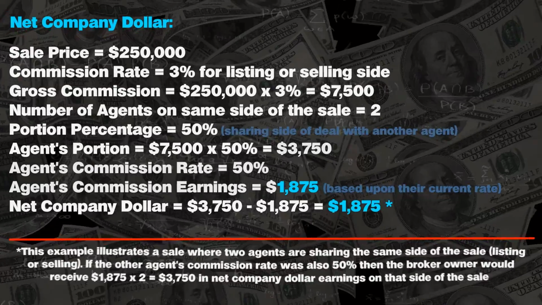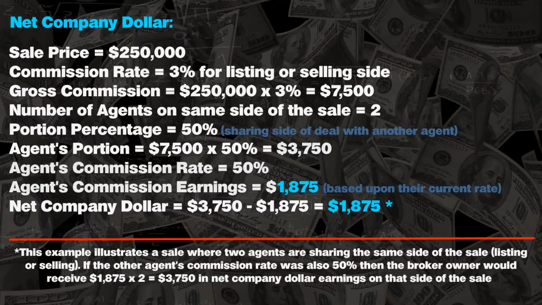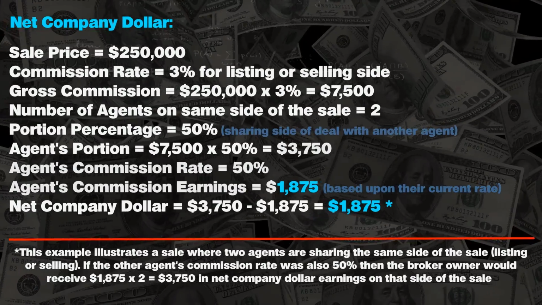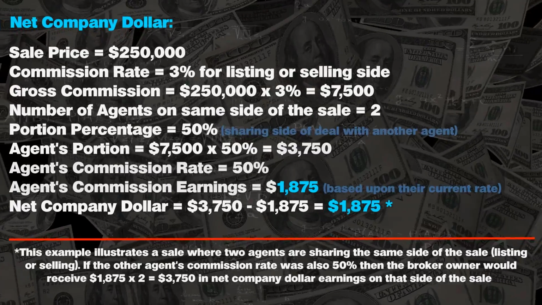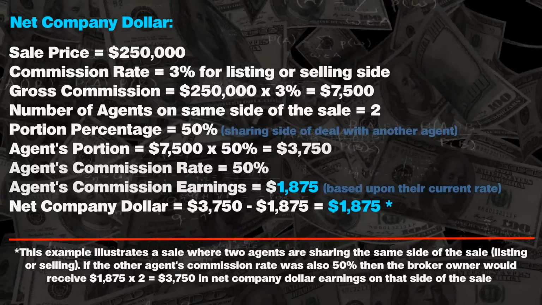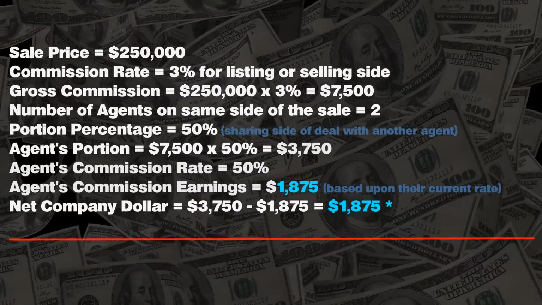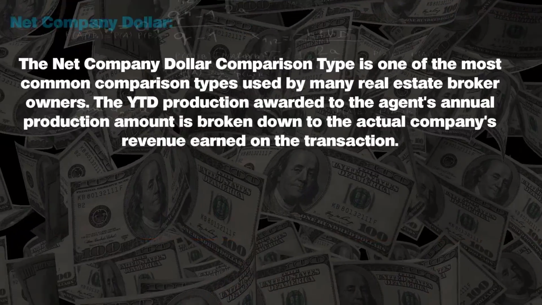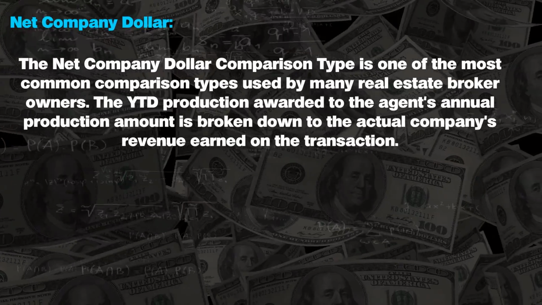This example illustrates a sale where two agents are sharing the same side of the sale, which can be listing or selling. If the other agent's commission rate was also at 50%, then the broker owner would receive $1,875 times 2, which is $3,750 in net company dollar earnings on that side of the sale. The net company dollar comparison type is one of the most common comparison types used by many real estate broker owners.